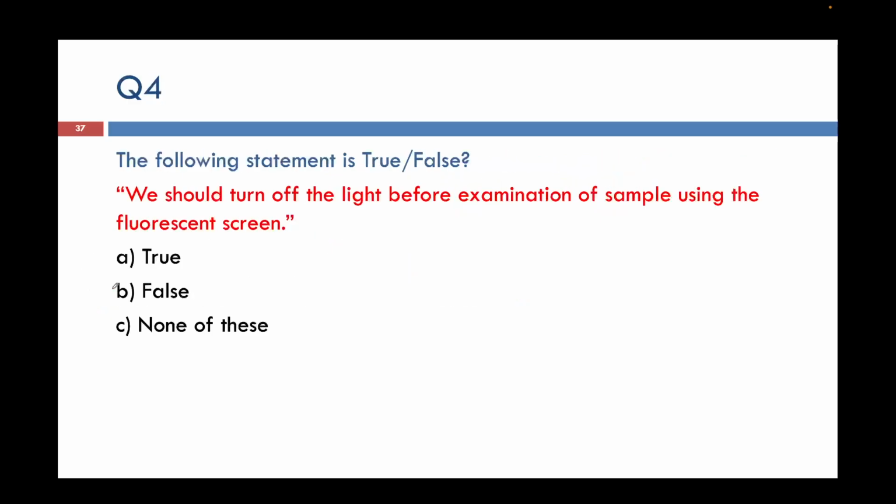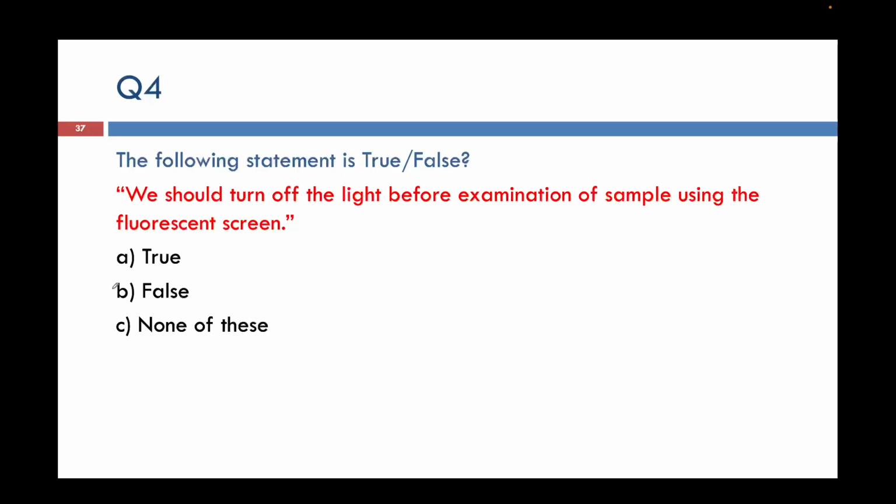So the following statement is true or false. You should turn off the light before examination of sample using the fluorescent screen. So this is also another standard operating procedure which has been written when you operate the TEM instrument. When everything is set, that means we have inserted the sample into the sample chamber, and our beam is high, that means we have gone to the highest possible voltage of that instrument, then for viewing of our sample, we turn off the light.